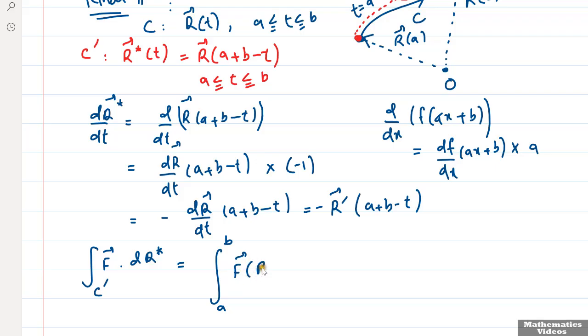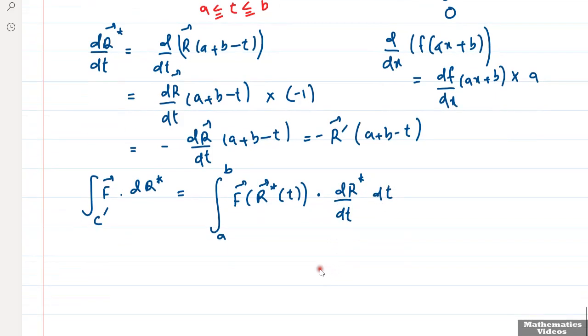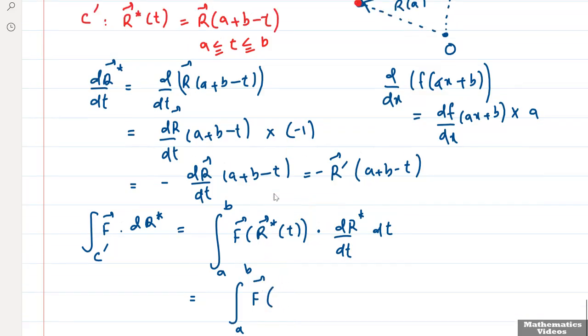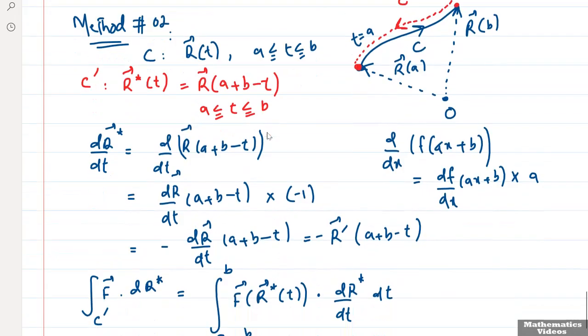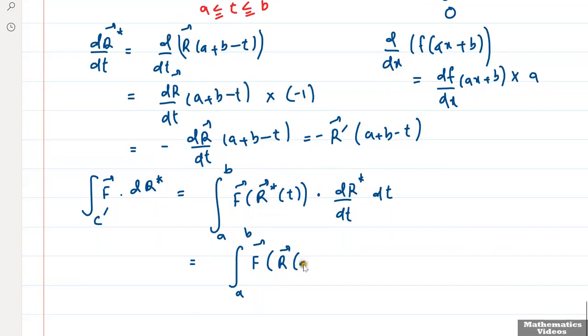F will be expressed as a function of r star of t, dot product with the derivative of r star with respect to t times dt, and this is equal to the integral from a to b of f of r star of t, which is r of a plus b minus t, and then dot product with dr star by dt.